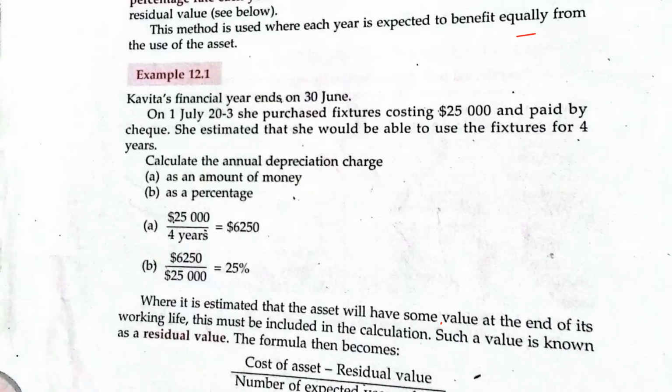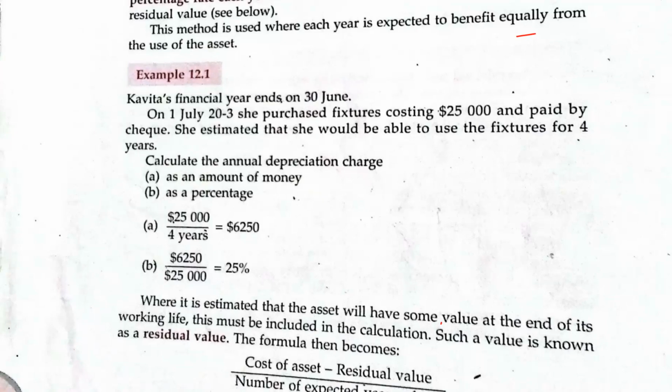She estimated that she would be able to use the fixtures for 4 years. So the expected number of years of use is 4 years, and the cost of the non-current asset in question, being the fixtures, is $25,000. So you are to calculate the annual depreciation charge as an amount.